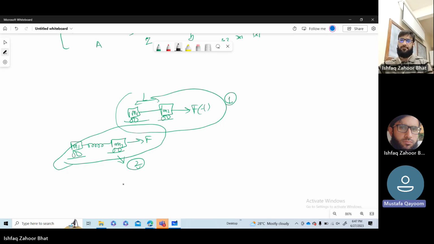Can I say that the difference between the positions of M1 and M2 is nothing but the displacement, the change in the length of the spring? Obviously.